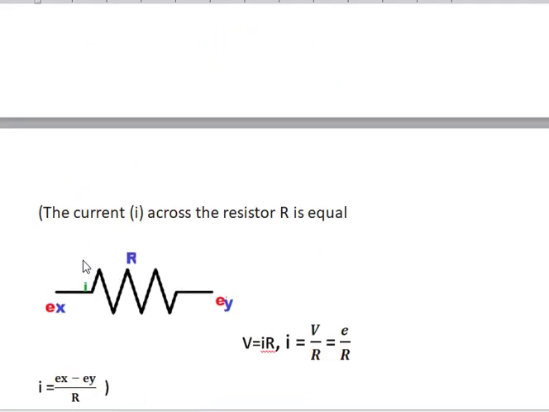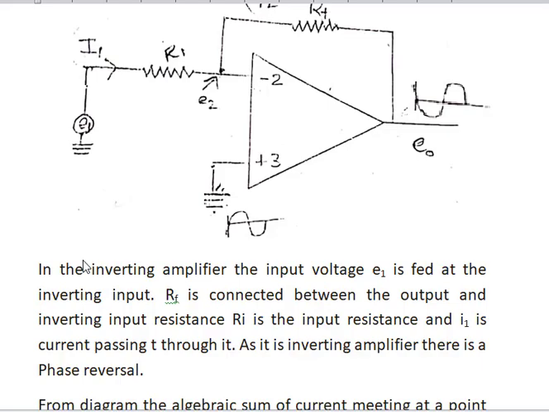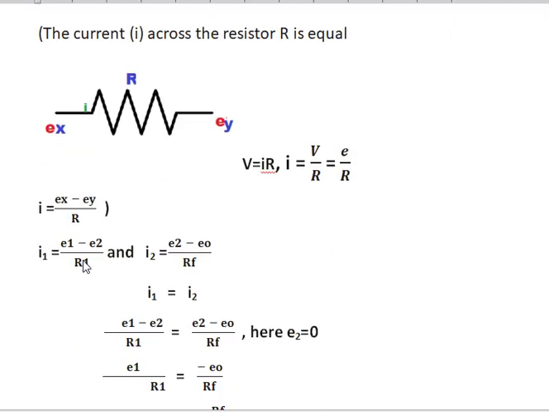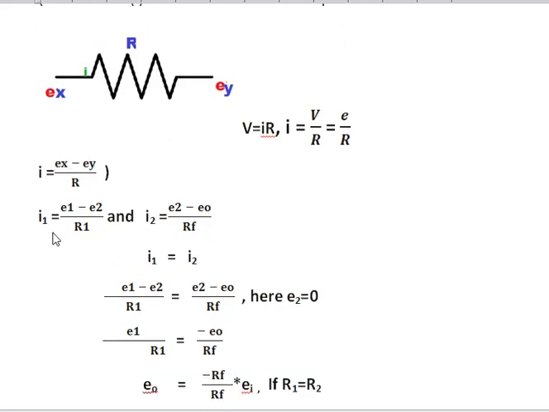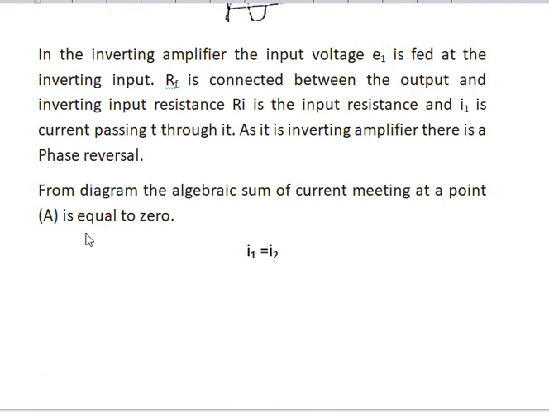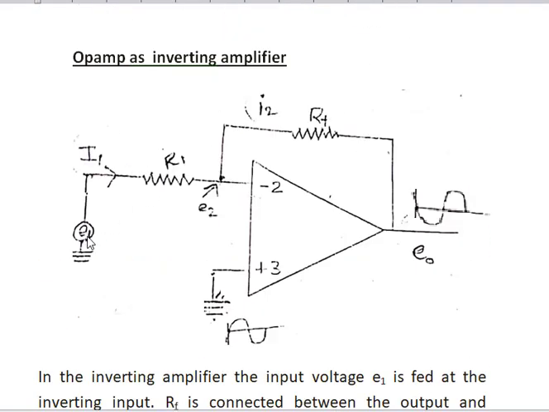From this diagram, I1 is equal to I2. I1 is taken as E1 minus E2 by R1. Here E1 minus E2 is a potential difference and the resistance is R1. Here the potential difference is E2 minus EO and the resistor is RF.